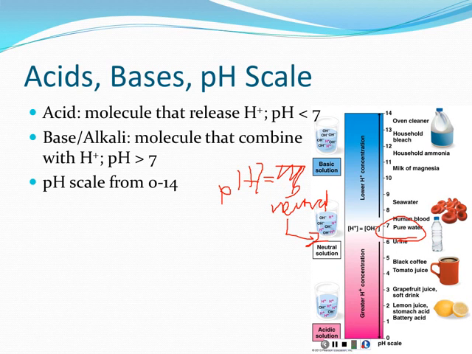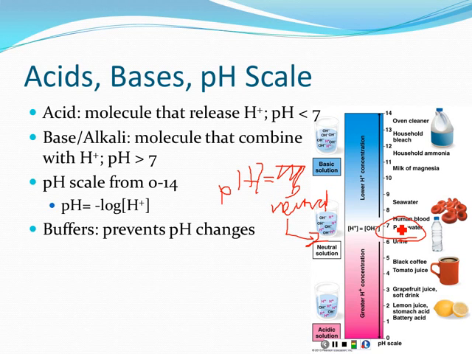Yeah, alkaline. The thing about the pH scale is it has this equation. You don't have to memorize this equation, but I want you to understand what this equation is talking about. It's a logarithmic scale, so every single number is a power; it's 10 times the amount of the previous number. So if you have something that's pH 2, how much more acidic is it than pH 1? 10 times.